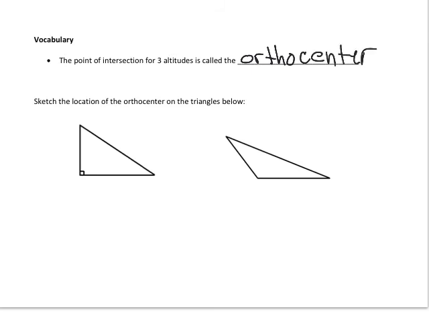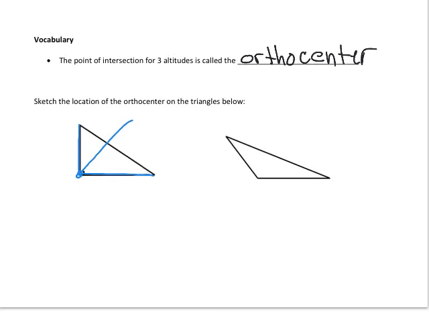If I sketch the orthocenter for the right triangle and for the obtuse triangle, for the right triangle, I want to be perpendicular to the opposite side from this vertex, and perpendicular to the opposite side from that vertex. If I look, it's going to be the side of the triangle, and the same with this one. So where the altitudes intersect is going to be at the right angle.